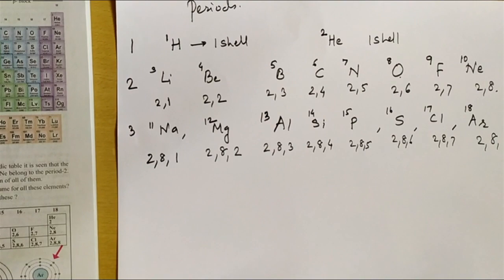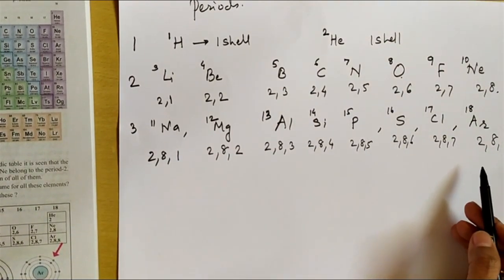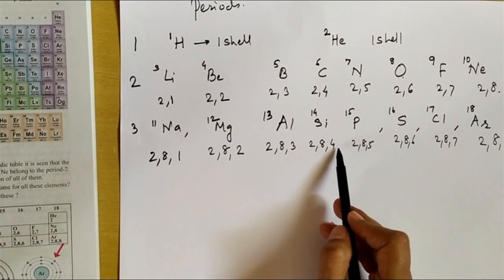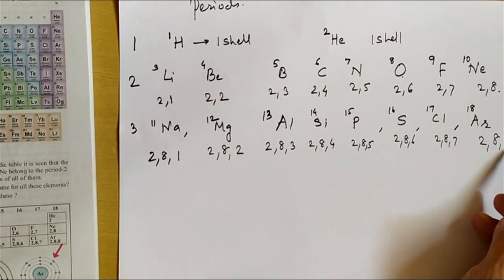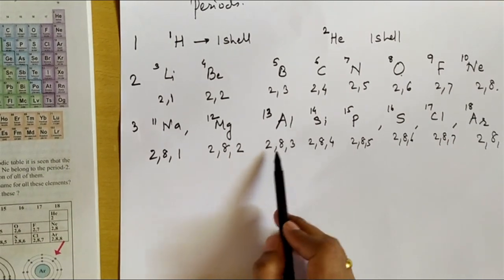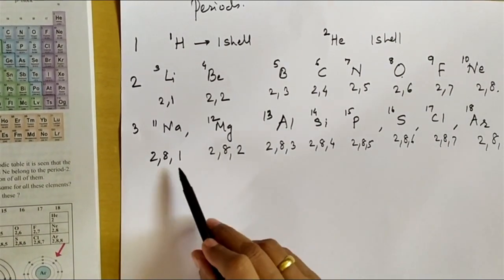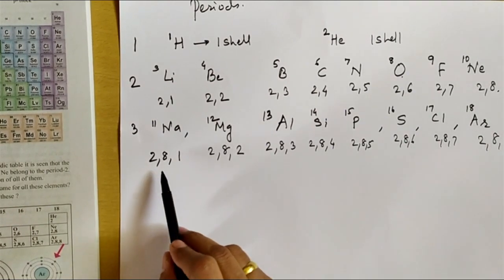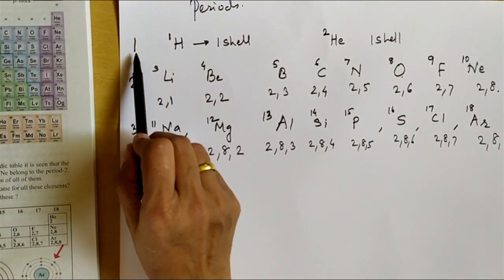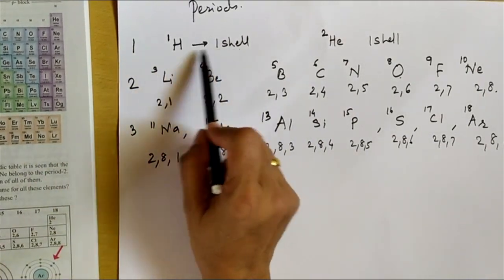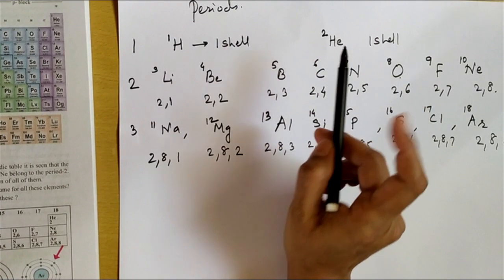So if we see along a period, the number of electrons in the outermost shell goes on increasing by 1. In the next successive element, the number of electrons only in the outermost shell goes on increasing by 1. Correct? And the period number indicates the number of shells. If you see the first period, the elements have 1 shell.